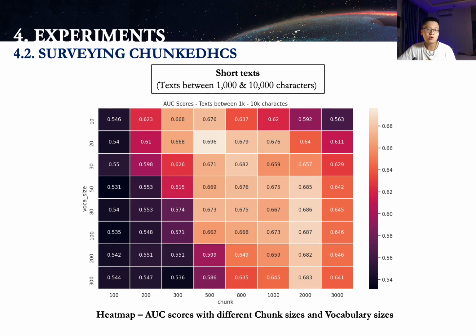The AUC score is just above 0.5. Meanwhile, the largest chunk size of 3,000 characters offers worse performance than all the smaller chunk sizes. Interestingly, the combination of chunk size of 500 characters with a vocabulary size of the 20 most frequently used words provides the best result for the short text.